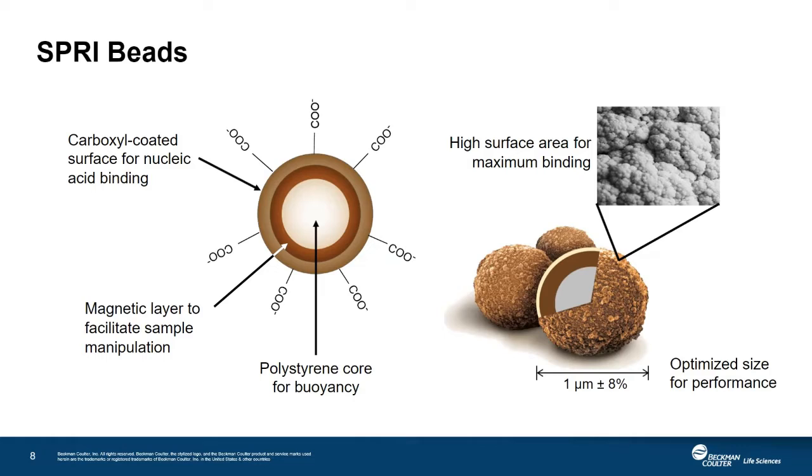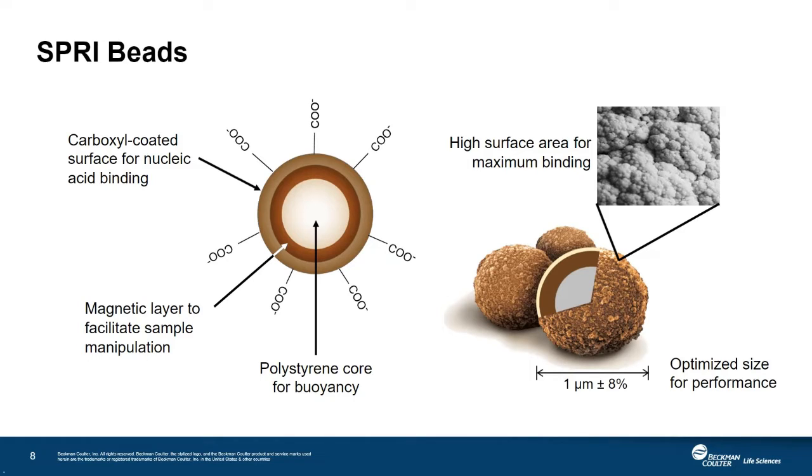Let's look at the surface of these beads. You can see on the right-hand side, there's a picture of what looks like cauliflower. It is not. It is the topography of the beads. The reason that these are not soft, smooth beads is that by having this intricate topography, it gives us a higher surface area. And with that higher surface area, we get maximum binding of nucleic acids to these beads.